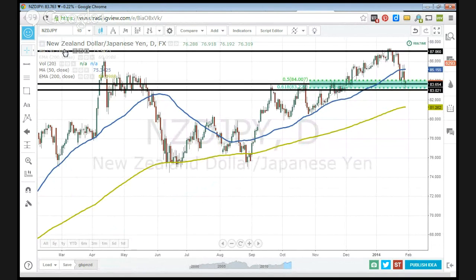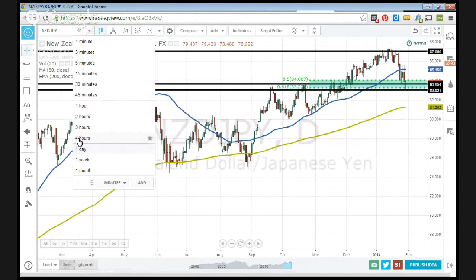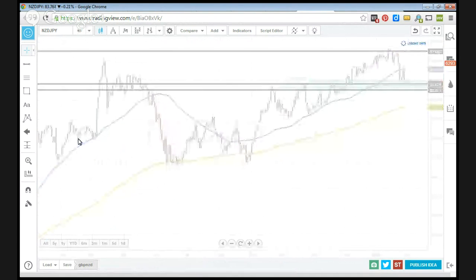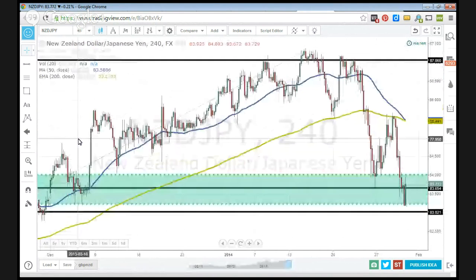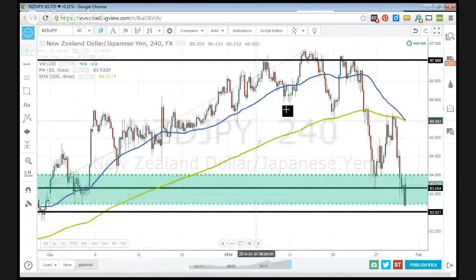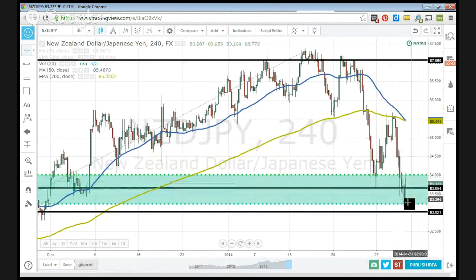Let's take a look at the 4-hour chart. Okay, so we have a big bullish engulfing on the 4-hour chart, which suggests that buyers really are reacting. Price broke down here and buyers quickly pushed it back up. That's Kiwi yen.